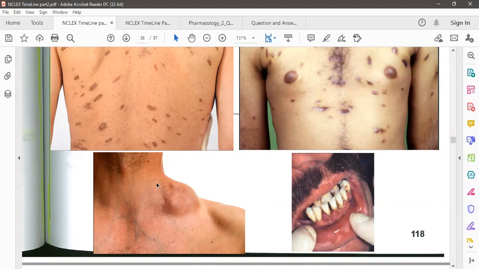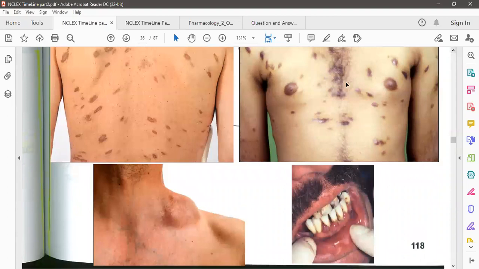The Kaposi sarcoma, this picture, this has been the most common tumor associated with HIV infection, but it currently develops in fewer patients, other diseases as well.